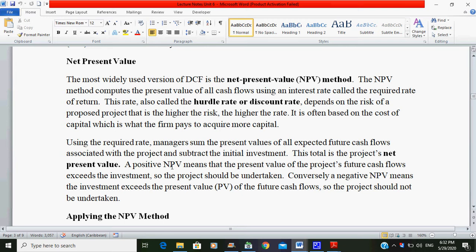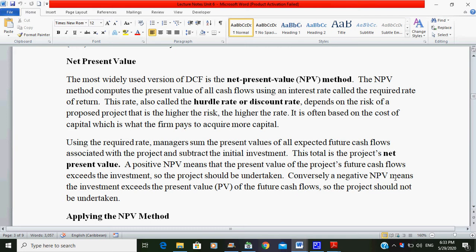A positive net present value means that the present value of the project's future cash flows exceeds the investment. So the project should be what? Undertaken.